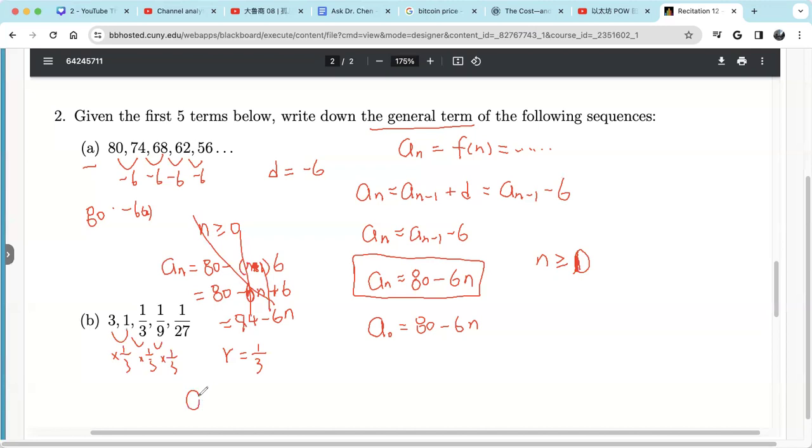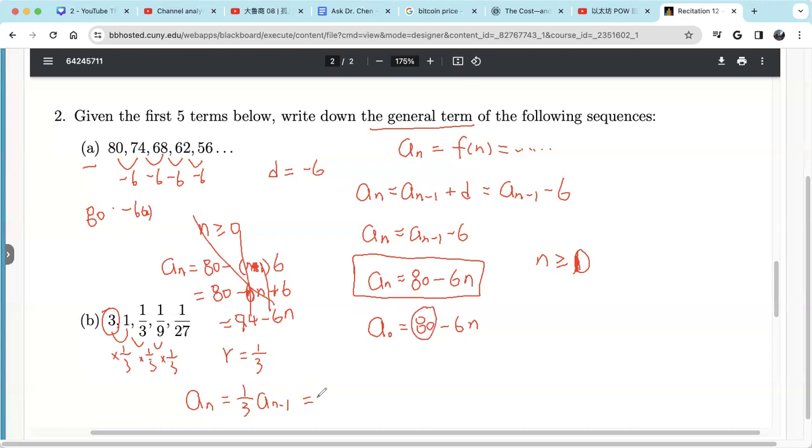So if we call the general term an, the next an is 1/3 of the previous term. But we want to write this in terms of n. Our first term is 3. You see, the first term is important.